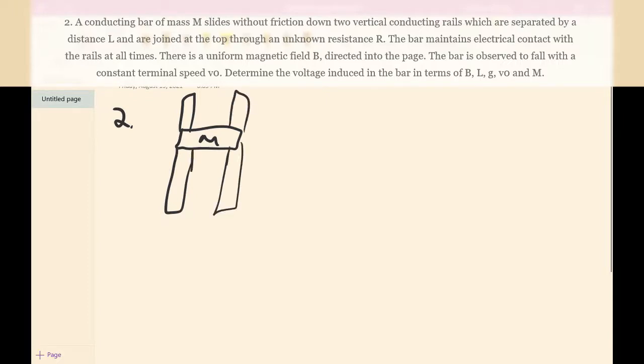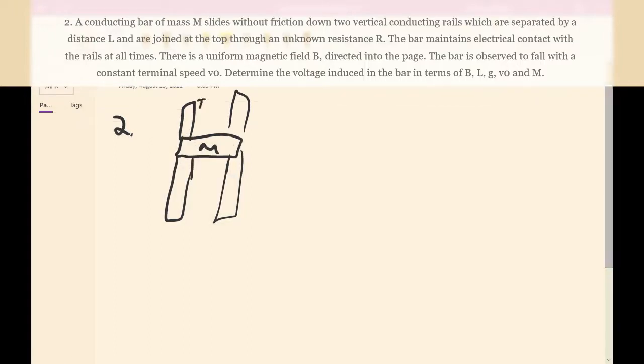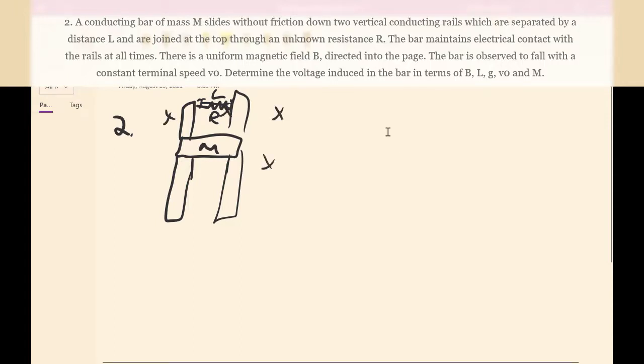These are conducting rails, and they're separated by a distance L. They're joined at the top through an unknown resistance R here, and there's a magnetic field pointing into the page with magnitude B. We know that the bar falls with a constant terminal speed V0, and we want to determine the voltage induced in the bar.